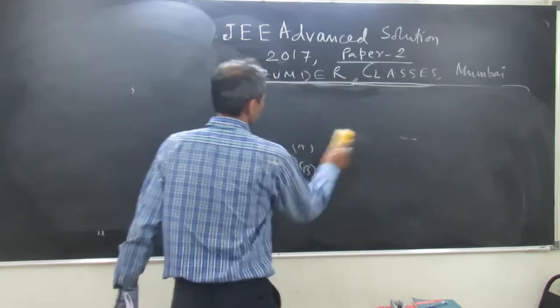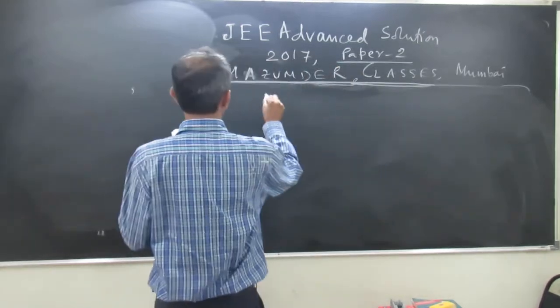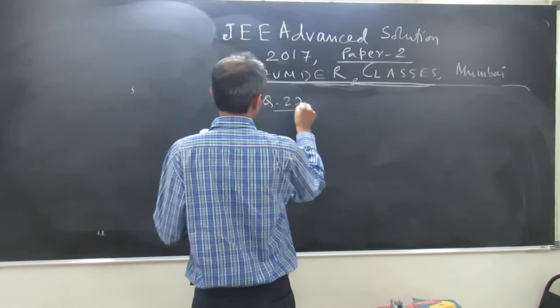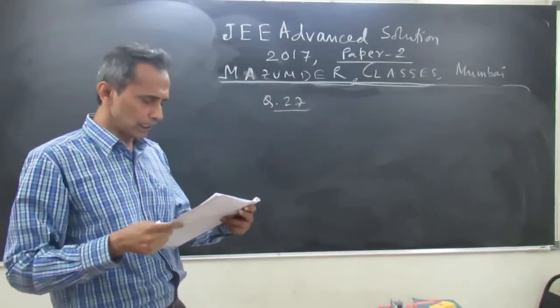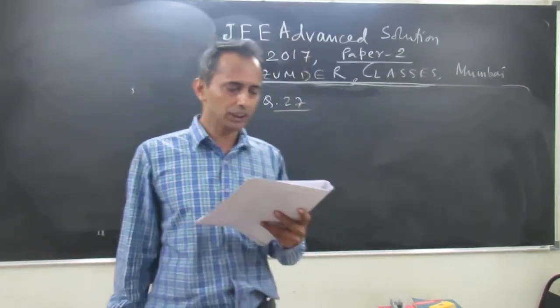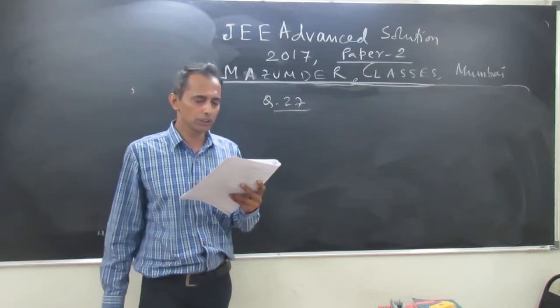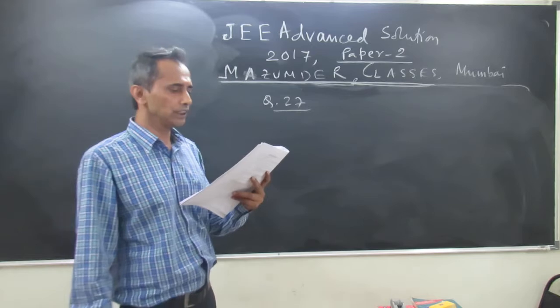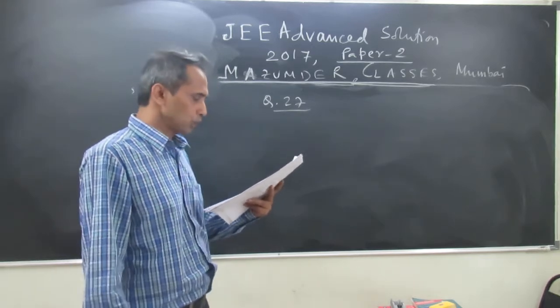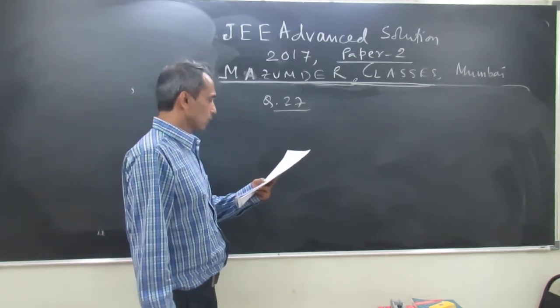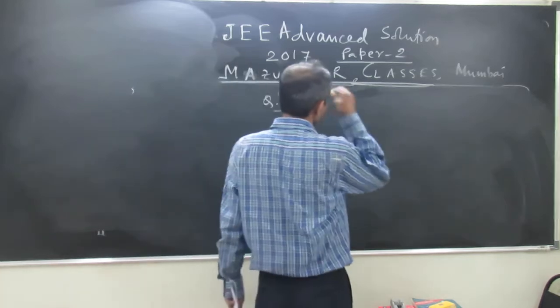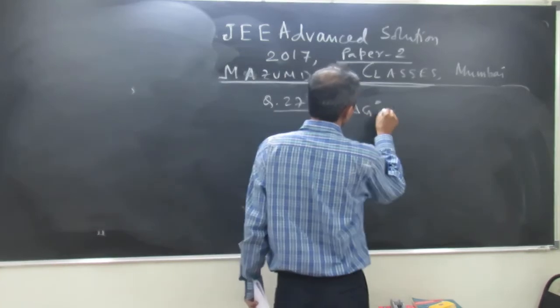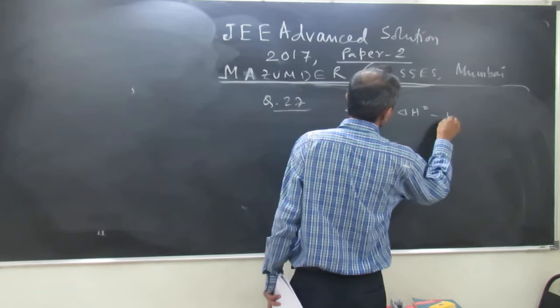Next, question number 27. Let us talk about question number 27. Beautiful question. It is given that for a reaction taking place in a container in equilibrium with the surroundings, the effect of temperature on its equilibrium constant K in terms of change in entropy is described by. Just look at the question. We know that delta G naught is equal to delta H naught minus T delta S naught.